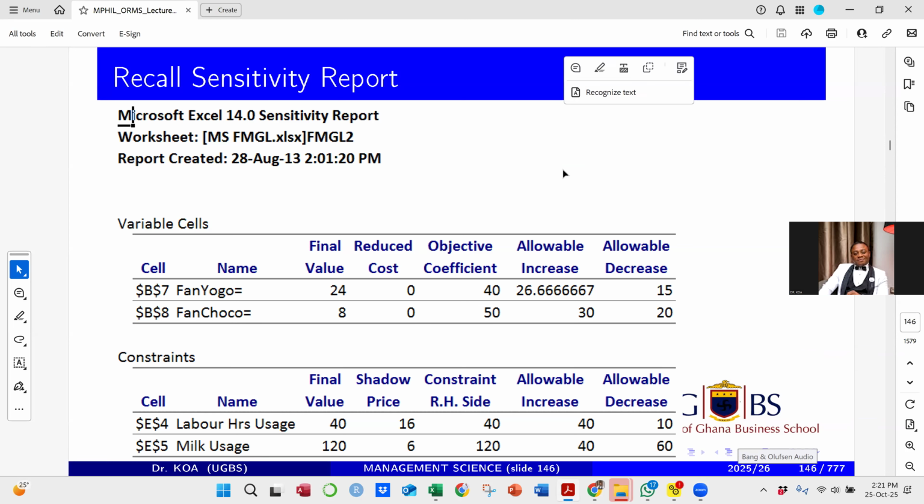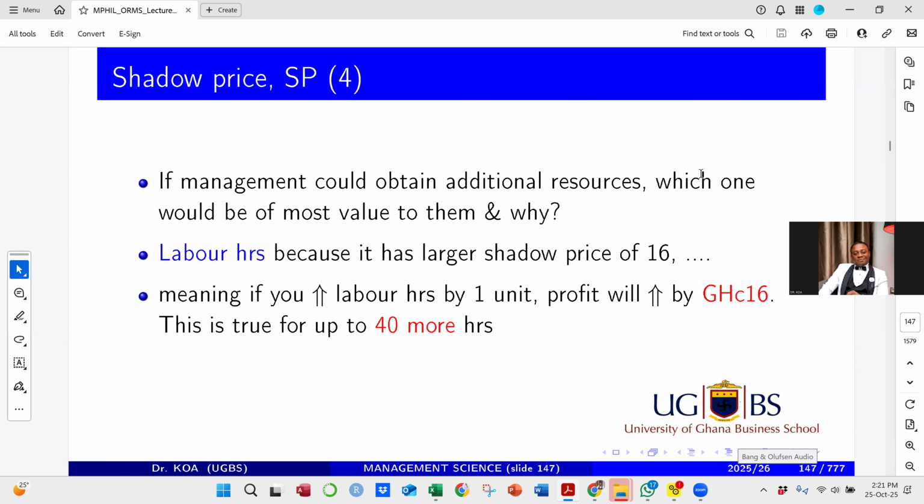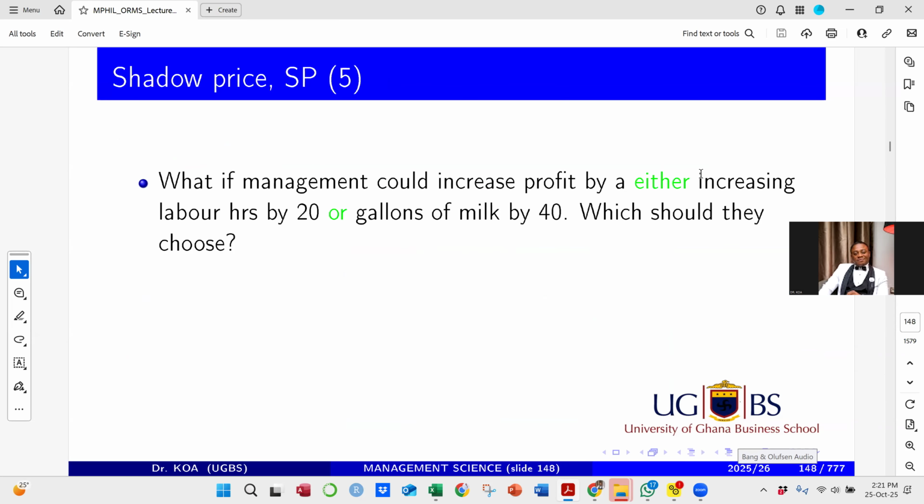Now, let's look at some questions related to shadow price. This is a question. What if management can increase profit by raising labor by 20 or by raising milk by 40 gallons? Which should they choose? And of course, why?